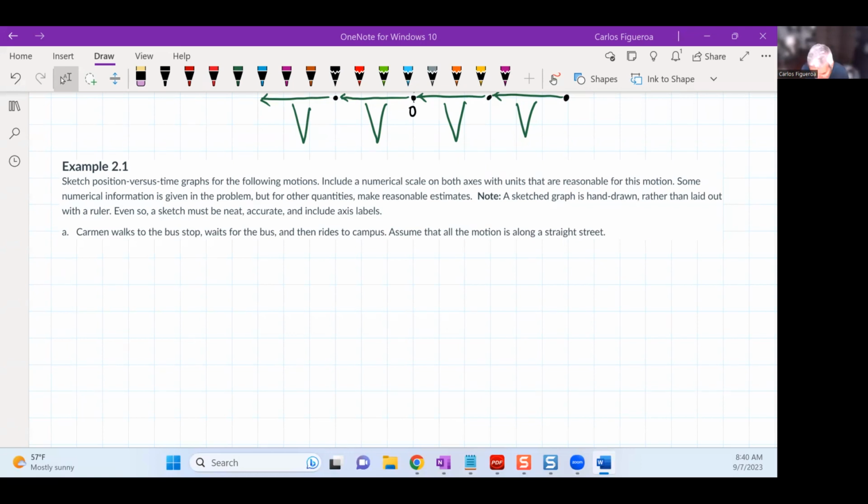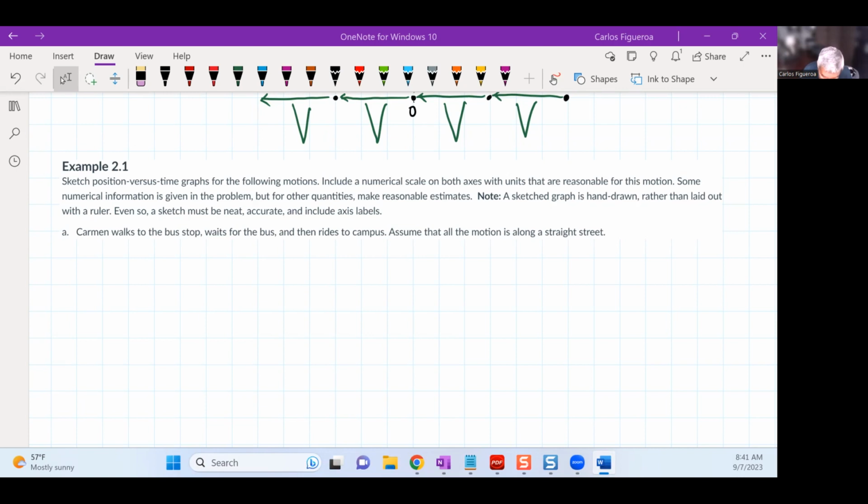So I'm assuming that if Carmen's walking, her speed should be slow compared to the speed of the bus. So therefore, the slope for Carmen should be small, but the slope of the bus should be higher.